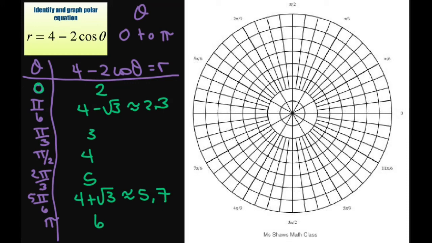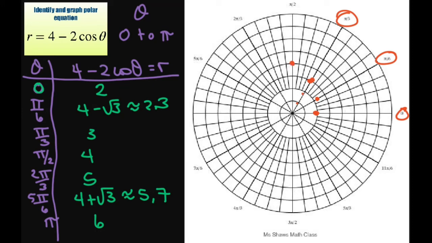So let's plot some of these points. At 0, our angle is 0. We're going out 2. 1, 2. So there's that point. At pi divided by 6, we go out close to 2, just a little further out. At pi divided by 3, we're going out 3. So 1, 2, 3. At pi divided by 2, we're going out 4.